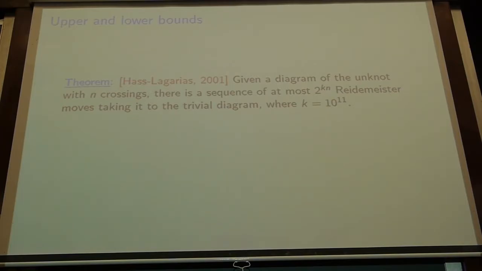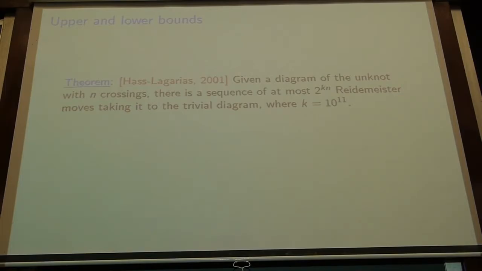They prove that you need at most 2 to the kn Reidemeister moves, where k is 10 to the 11. This is a celebrated theorem, and I'll explain how it works in a bit, because some of the ideas go into the main result we'll be talking about.